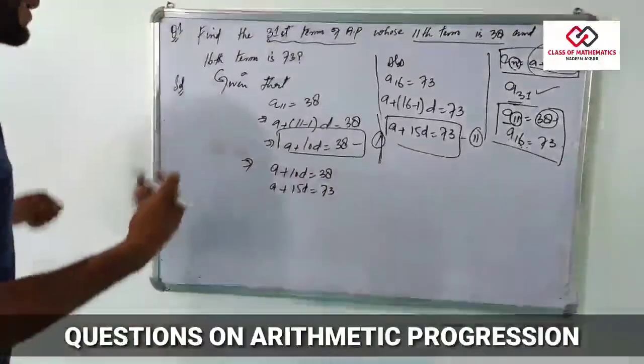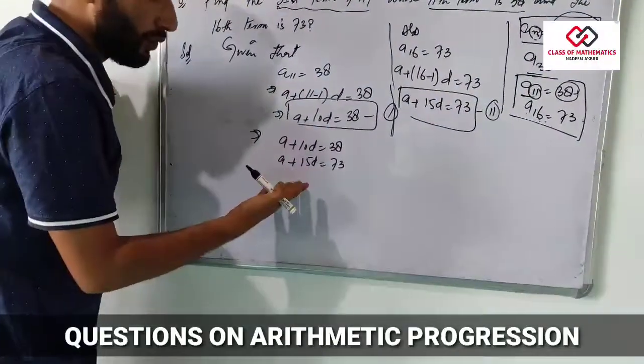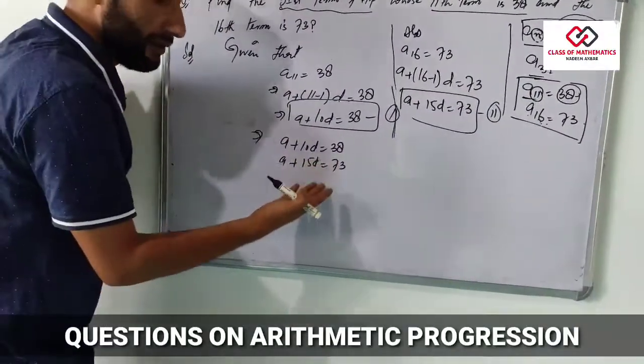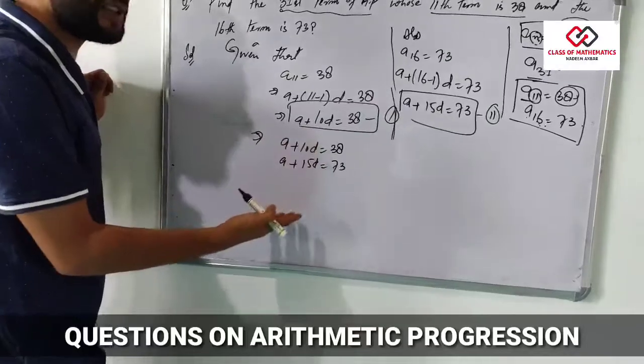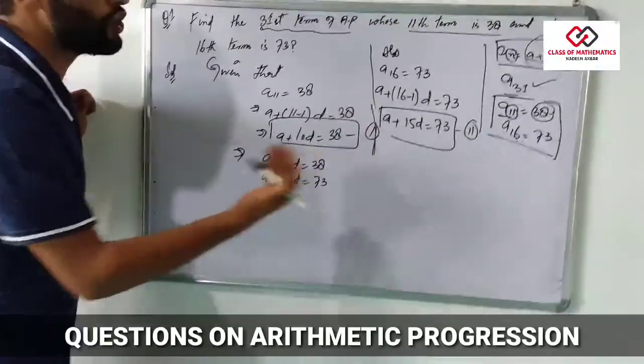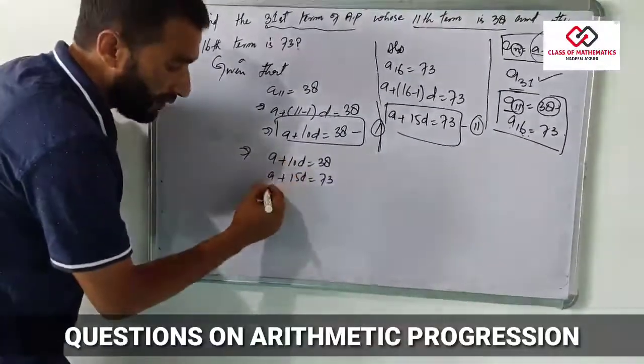Use this linear equation in two variables, for which we have different methods. You can use the elimination method, the substitution method, or the cross multiplication method, whichever method you like. Now subtracting, the signs will change and a will cancel.